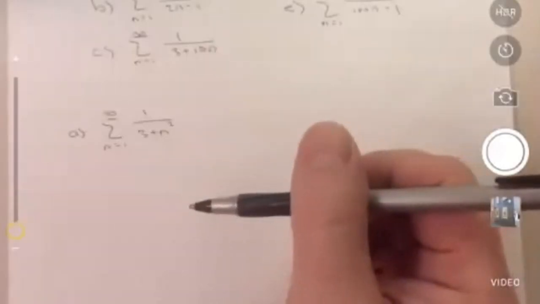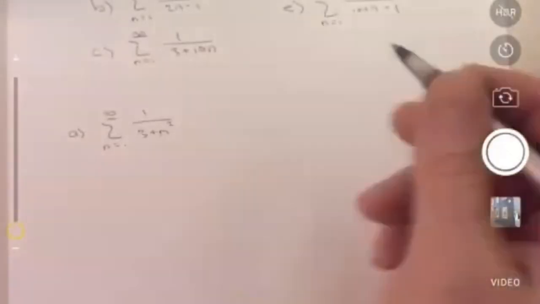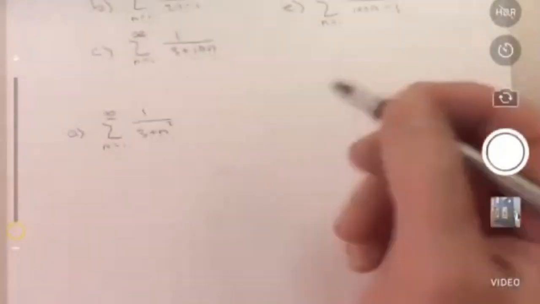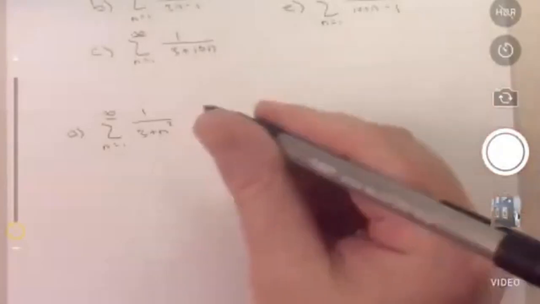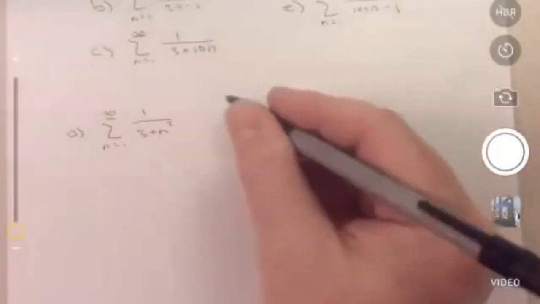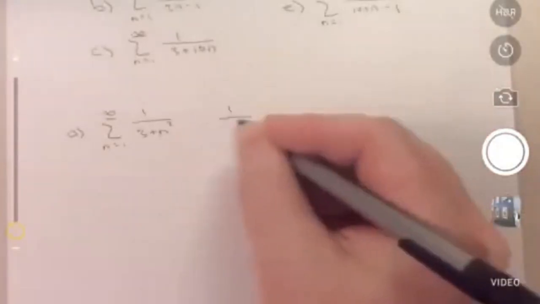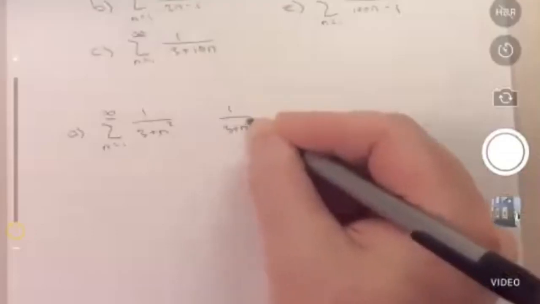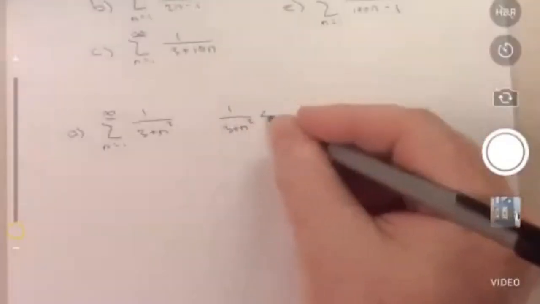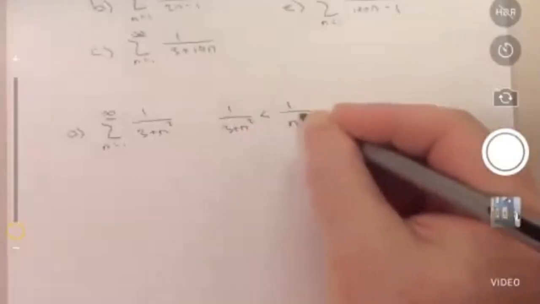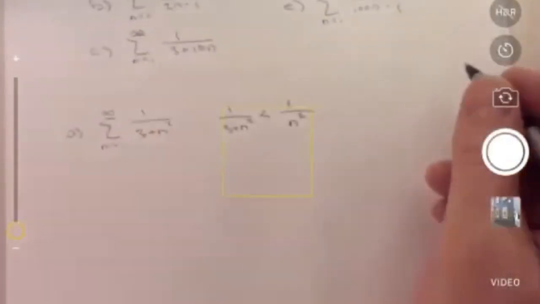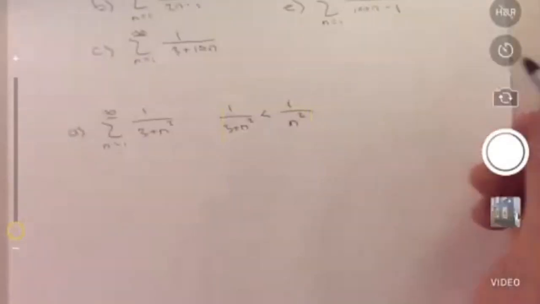Well, big denominators make for small fractions, and so each one of these terms, 1 over 3 plus n squared, is smaller than the corresponding 1 over n squared.